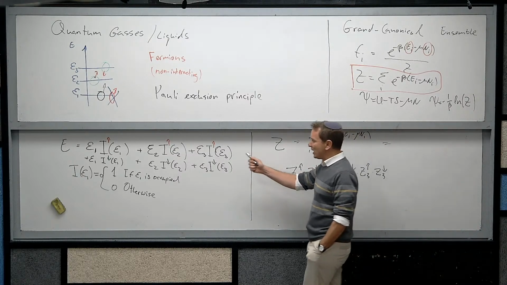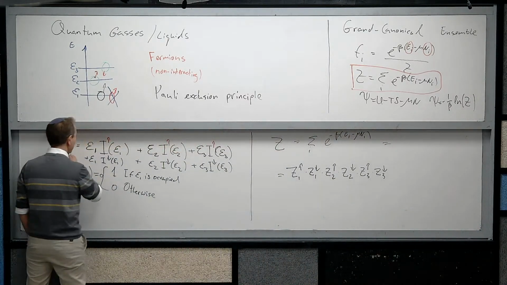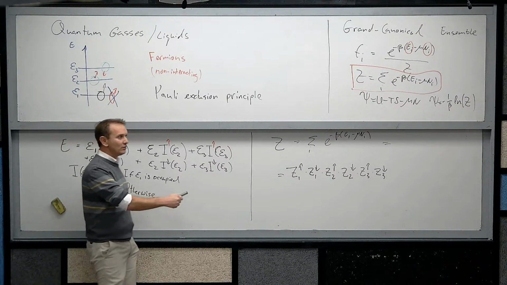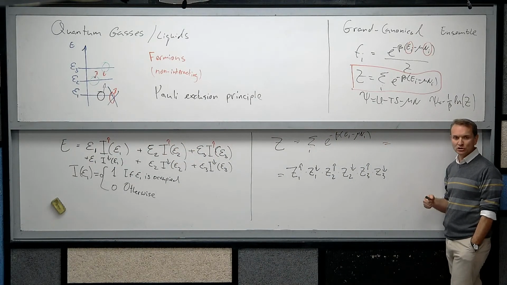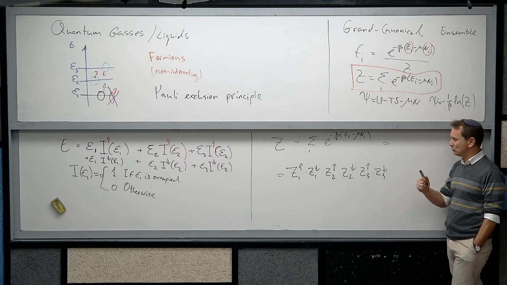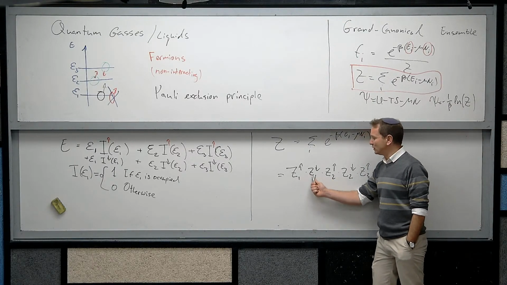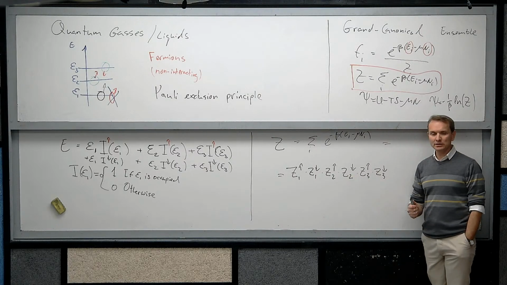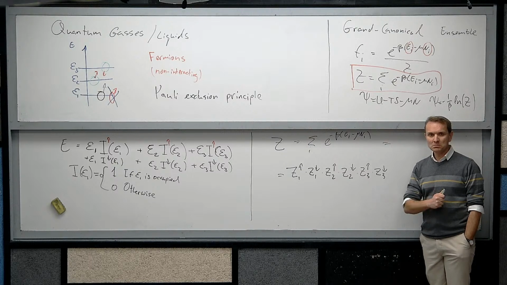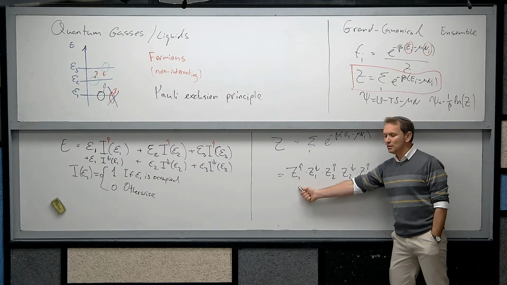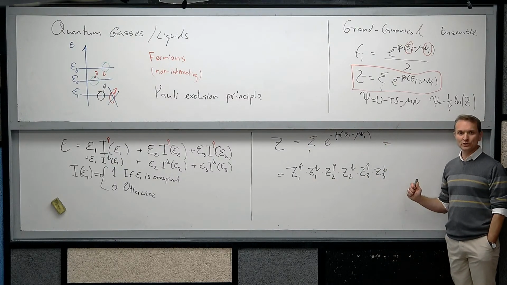Because I can write energy as a sum, I can write the partition function as a multiplication of different partition functions. And the only thing that I now have to treat is the partition functions of each single state. The states are independent, they have specific partition functions, treat them independently, multiply them, and you're done.